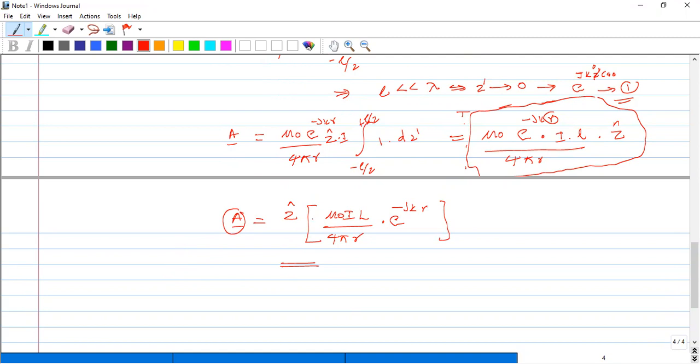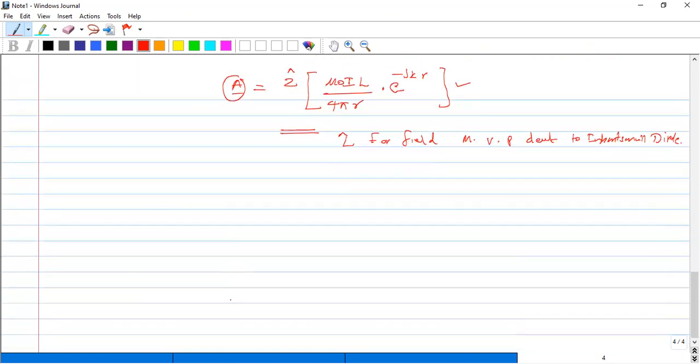So this is the far field magnetic vector potential due to an infinitesimal dipole. We have found the magnetic vector potential.